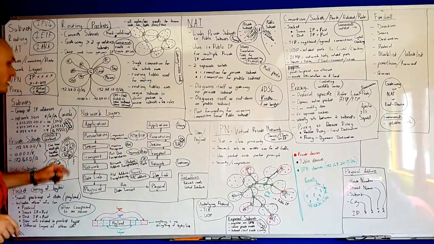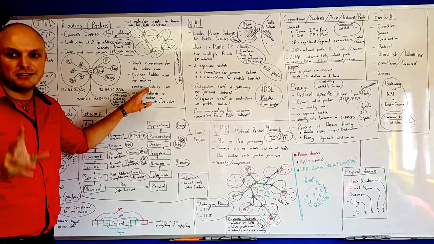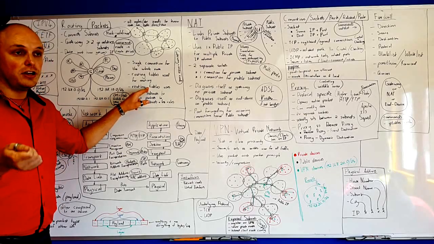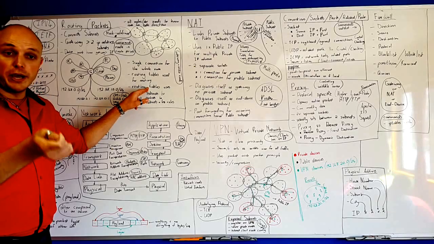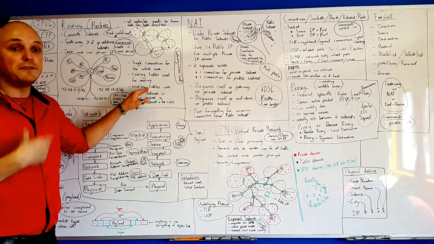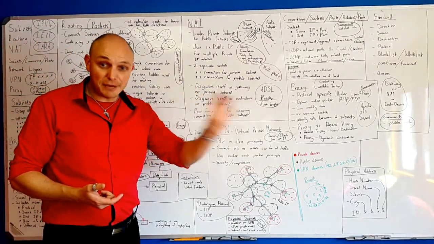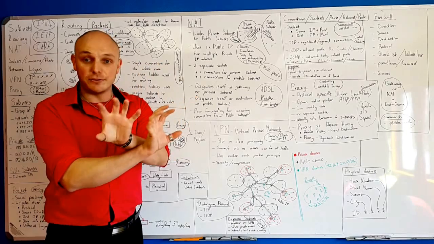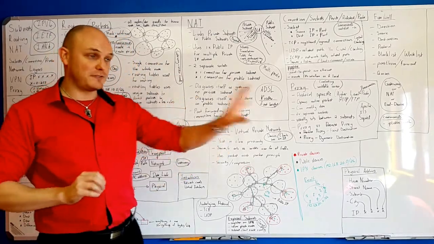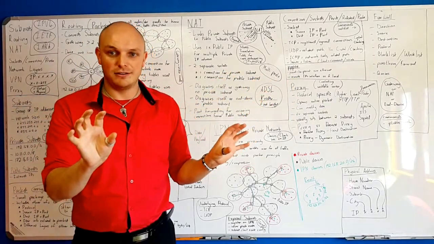Going back to this one here, your routing tables usually don't include all the small subnets, just big subnets. On your PC, you can't just specify a gateway. You have to specify a subnet, a mask, and a gateway, always. So it's a route to a specific subnet with a mask, and then use this gateway.